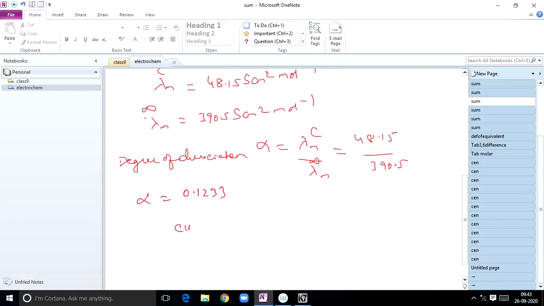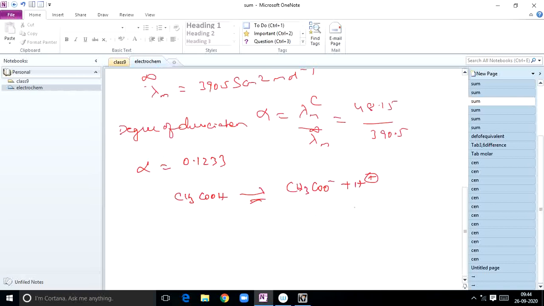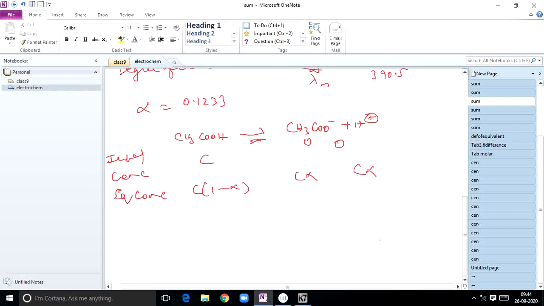So acetic acid, how you can split? It's a weak electrolyte, it dissociates partially into acetate ion plus H plus. So normally you can frame the formula. Initial concentration, suppose you take C, and the products will be 0, 0. At equilibrium, concentration is C into 1 minus alpha, and here C alpha and here C alpha. Now apply law of mass action.